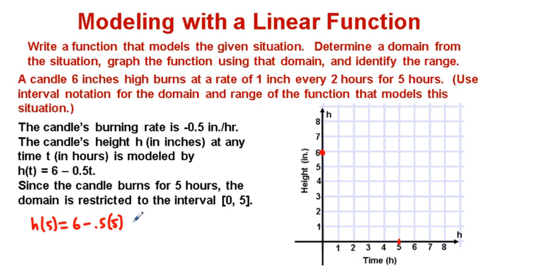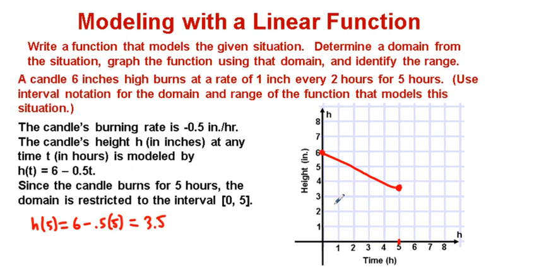And that's going to be 6 minus 2.5, so it's going to be 3.5. So we're going to 3.5 inches in height. So this is what the candle, or the graph of that, is going to look like.